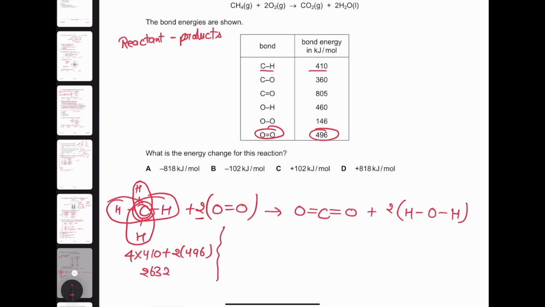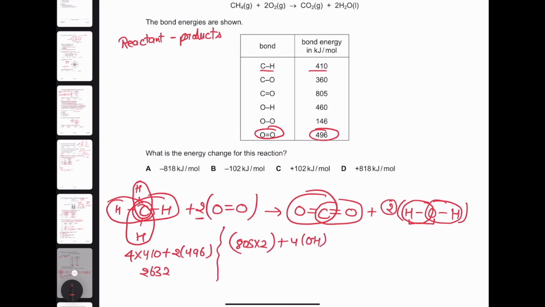Now let's figure out the energy of products. In products, you have carbon double bonded to oxygen, but this is 2 times. So 805 times 2. Now you have oxygen bonded to hydrogen 2 times in the same molecule, but this is also times 2. So it will be 4 times the OH bond, which is 460.